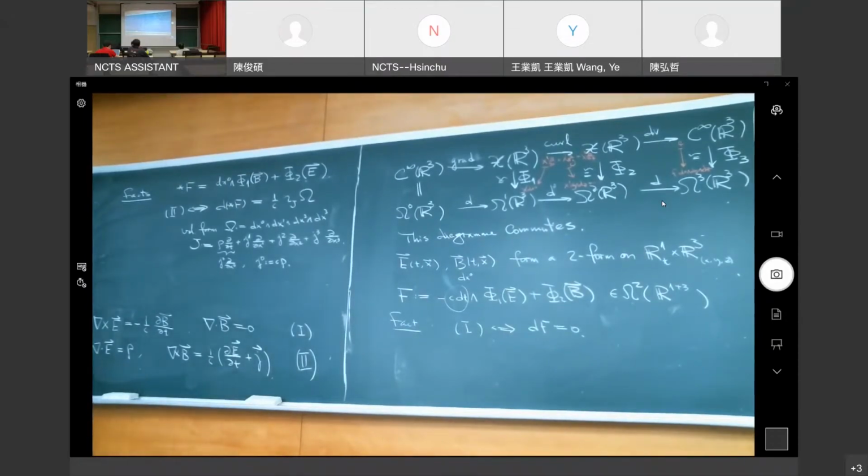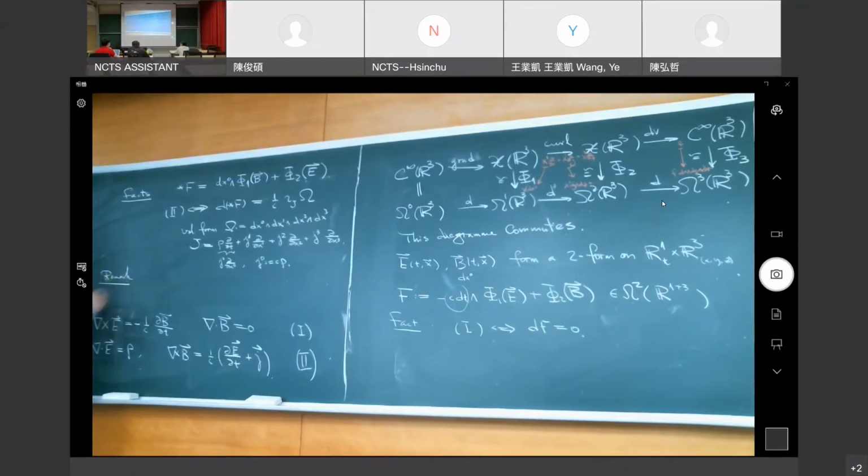Now, there's something you already know from undergraduate physics: the Maxwell's equations are designed to imply the conservation of electric charges. And let's see how this works in the language of differential geometry.